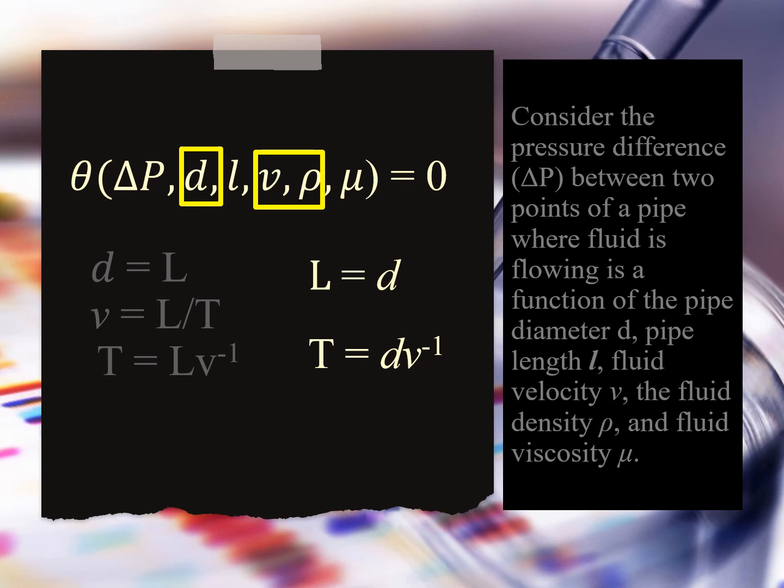Also, the dimension of density equals M over L cubed. We rearrange that, and upon substitution of D, we get M equals density rho times D cubed.